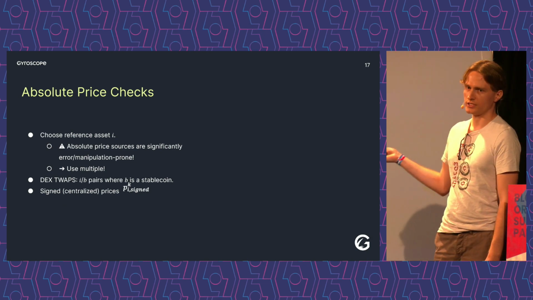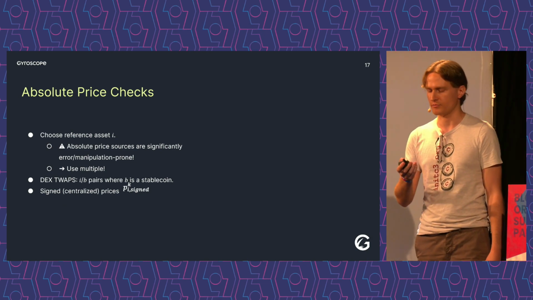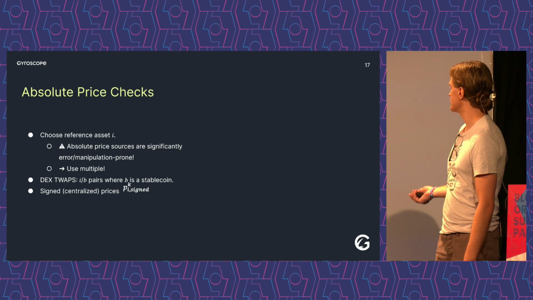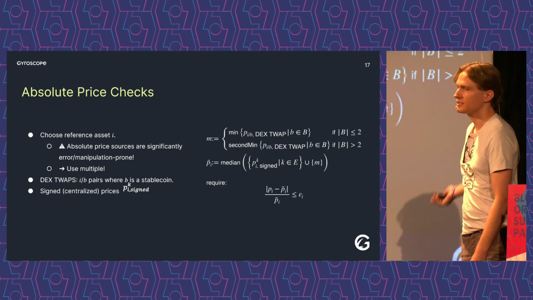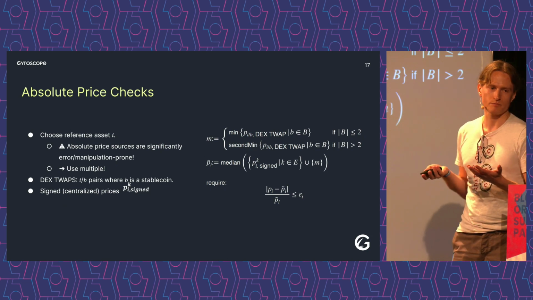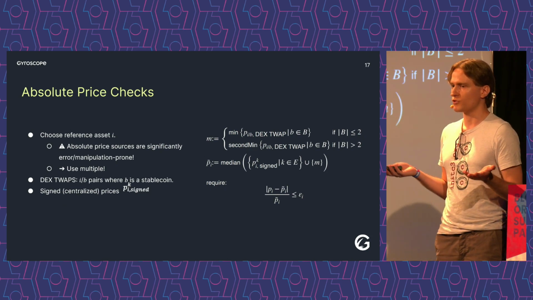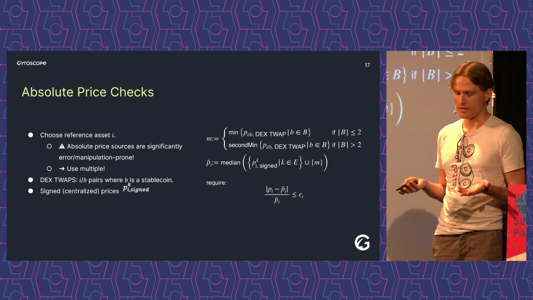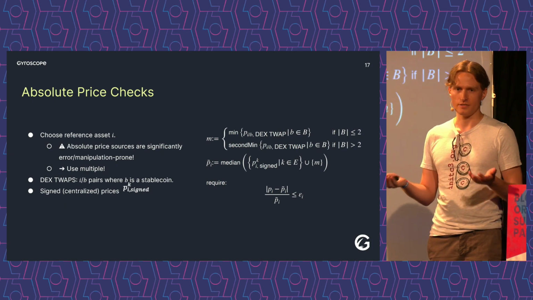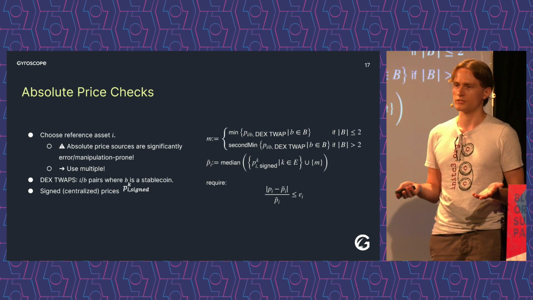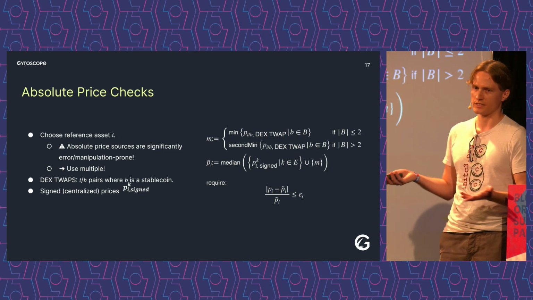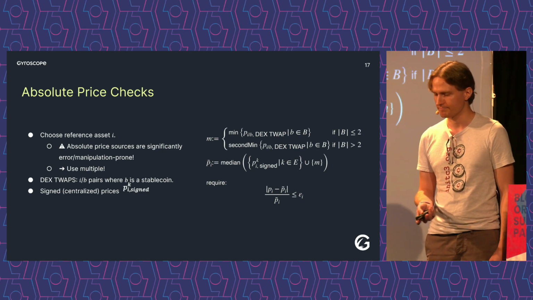And then also using some other signed price information in a calculation that looks like this. This one needs to be a little bit more complicated because it has to handle more edge cases. In particular, you need to handle the issue of stablecoins possibly depegging, usually downwards.